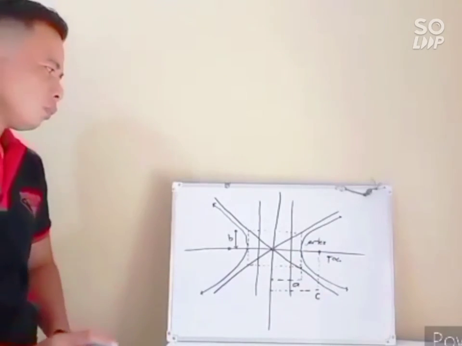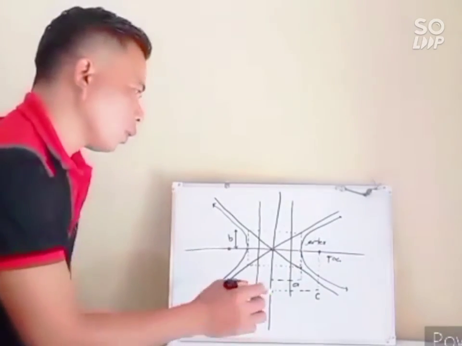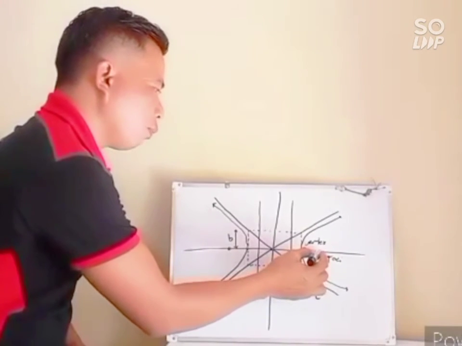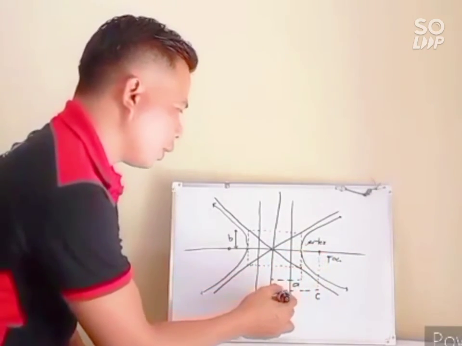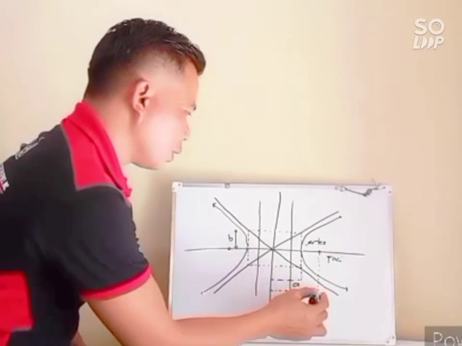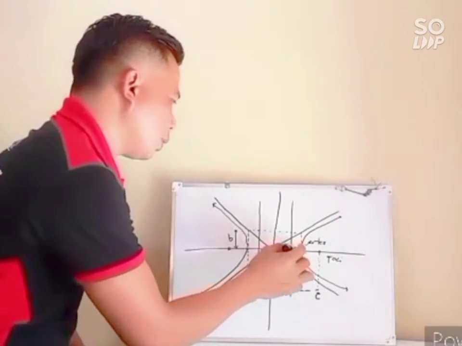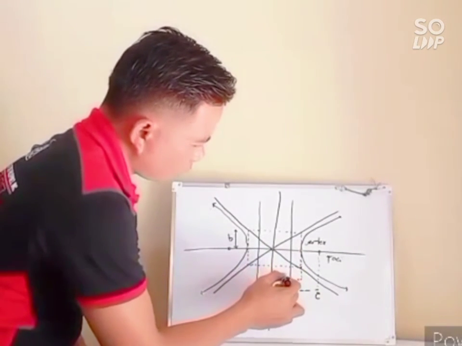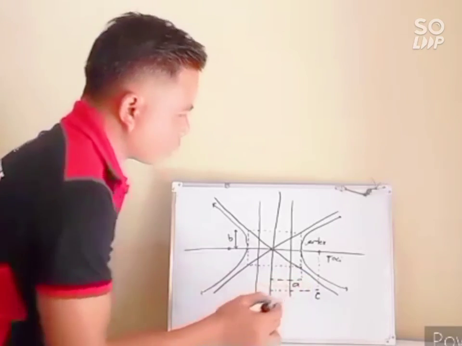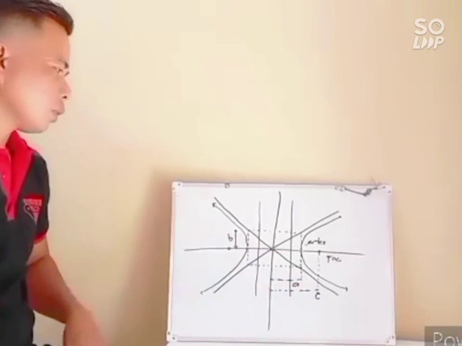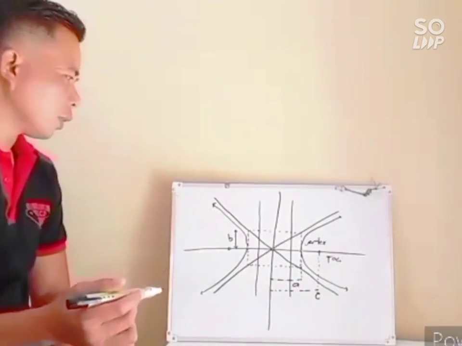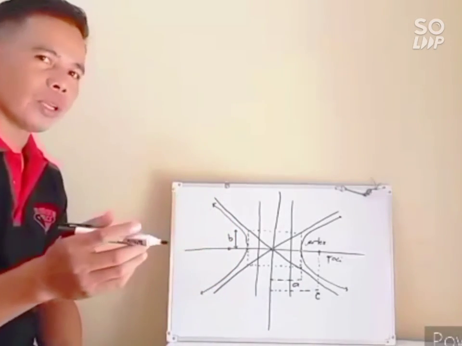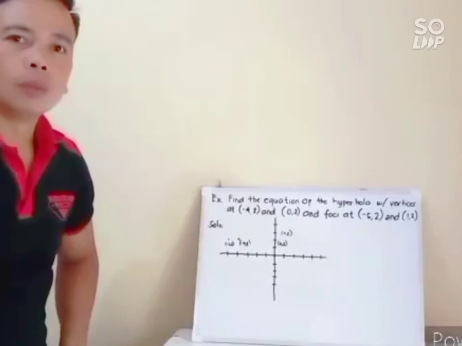As you can see, the distance from the foci in here is C, and from the vertex, this is our A. As we move further, we will learn about this as we give our examples.